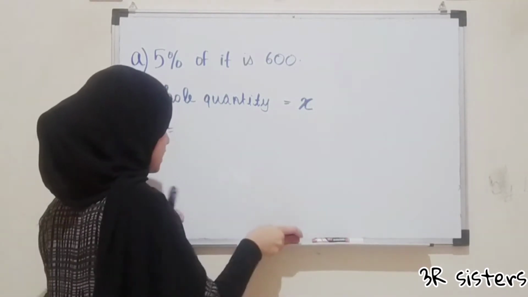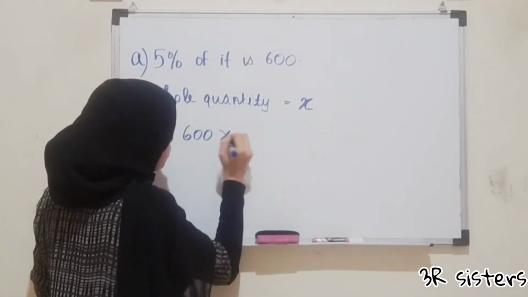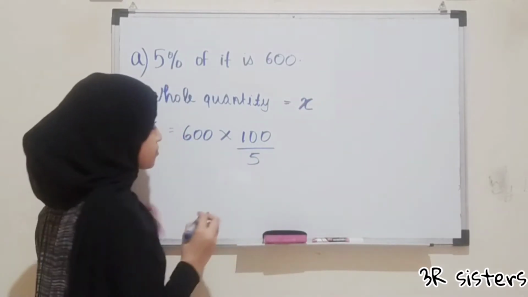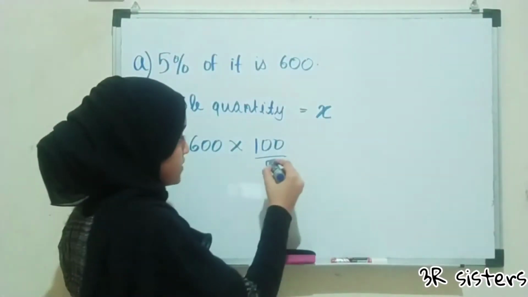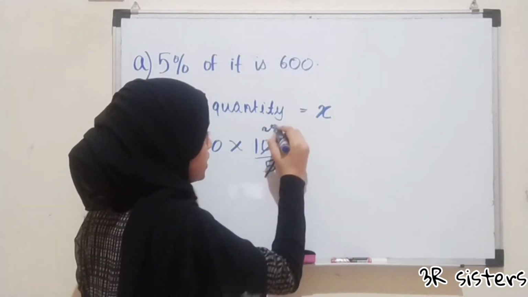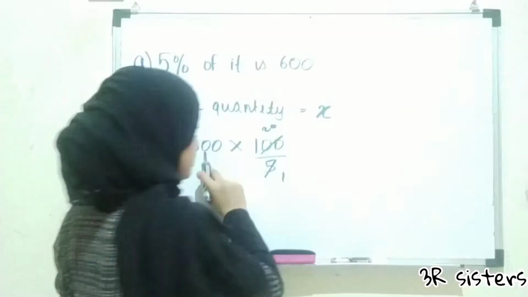Now we solve this. We multiply 600 into 100/5. In 5's table, 5 goes and becomes 1, and 100 becomes 20. What is remaining over here? 600, 20 and 1.